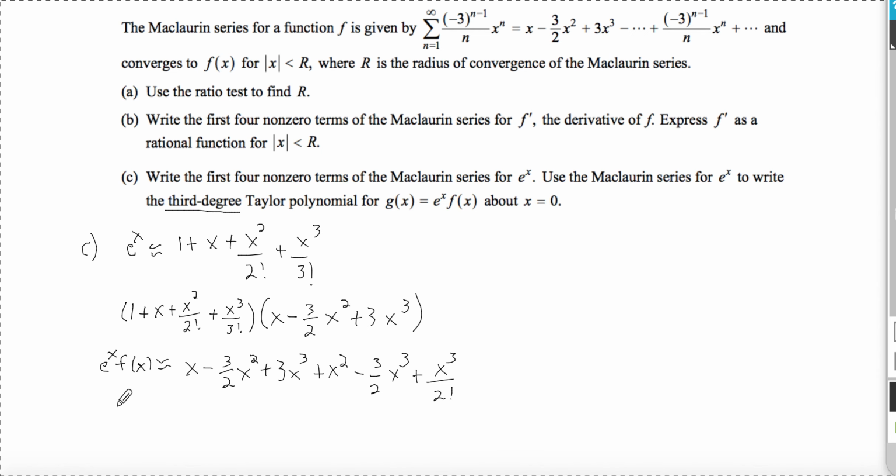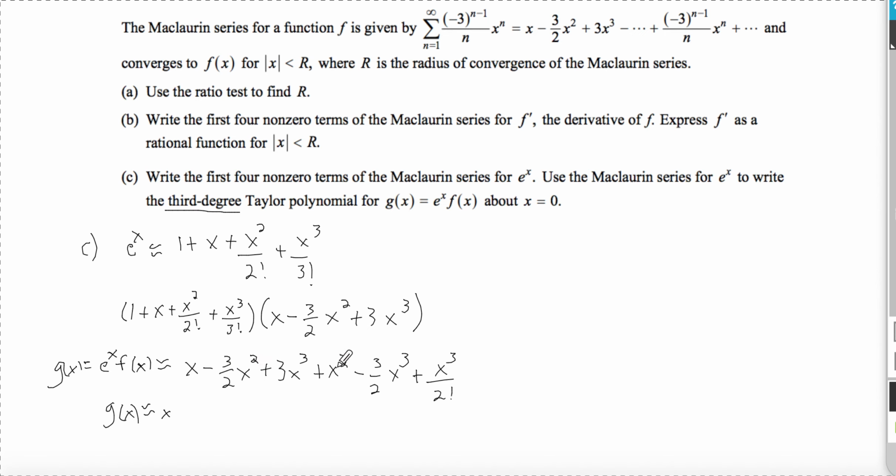So what does this mean? This is g of x, remember? And so that means g of x is approximately x. Let's combine some like terms. x has no like term partners. Then for the x squared terms, this is negative 3 halves x squared, and this is positive 1 x squared.